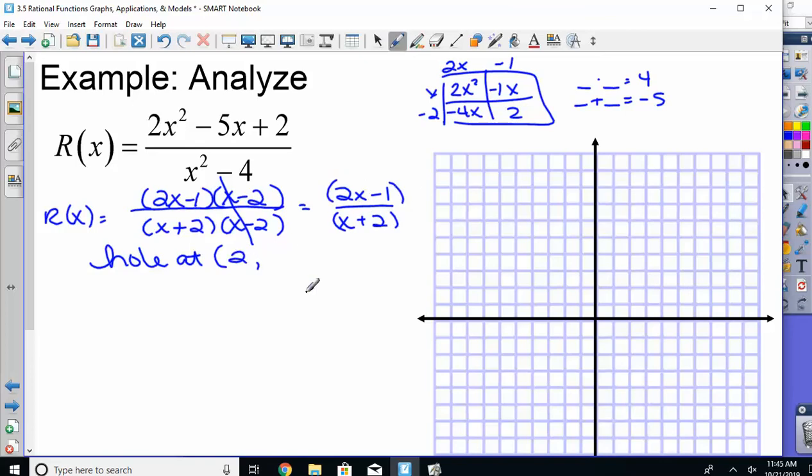To get your y, you plug that 2 into what's left. So that would give me 3/4. You plot that on your graph just as an open circle, so I'll go ahead and put that there.